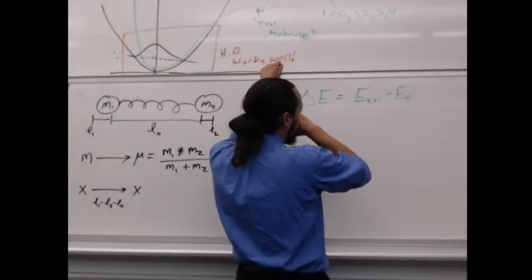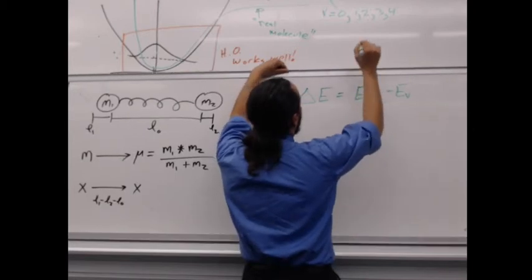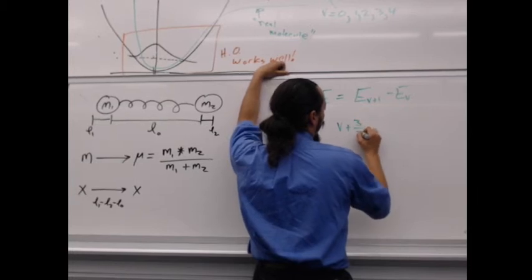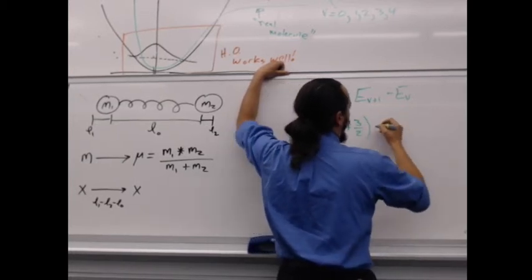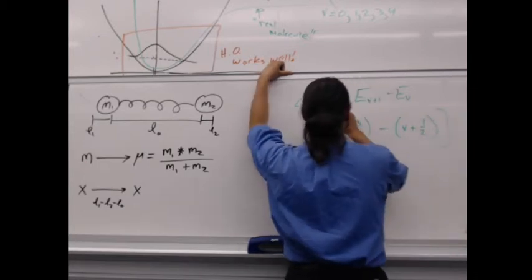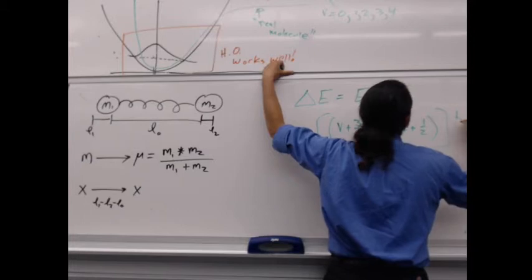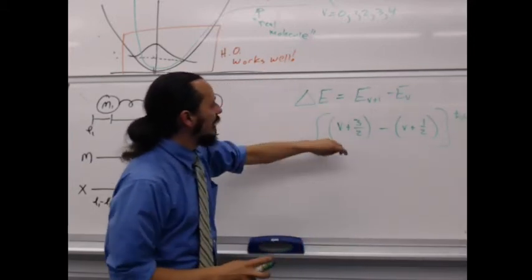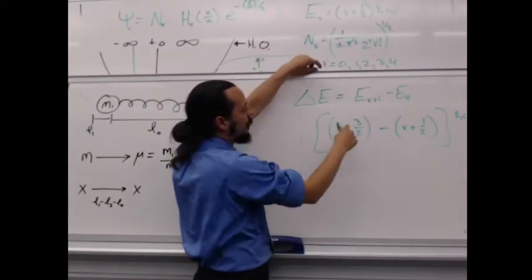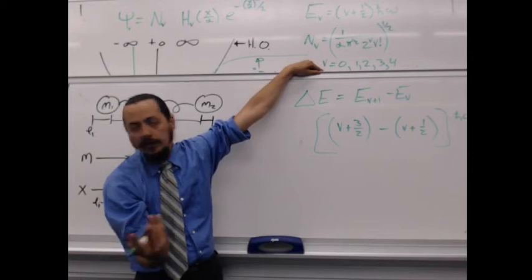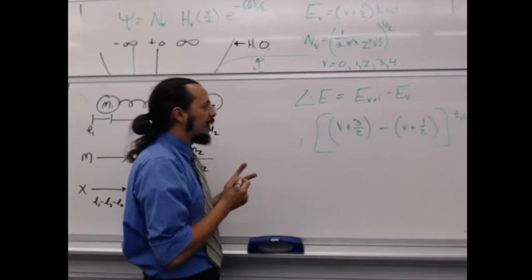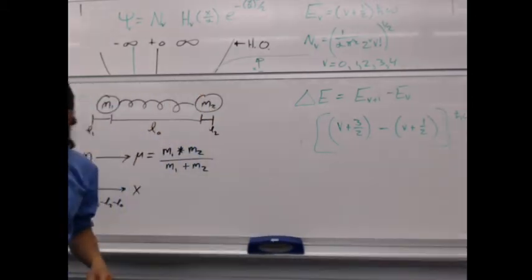If I do that, I would have (V + 3/2) minus (V + 1/2), times h bar omega. So essentially, my first energy would be V plus 3/2, and my second energy would just be V plus 1/2, times h bar omega. If we do the subtraction, the V's cancel out.